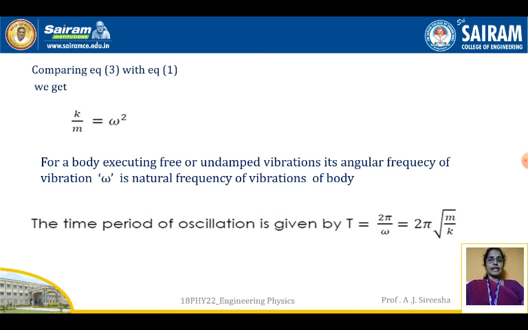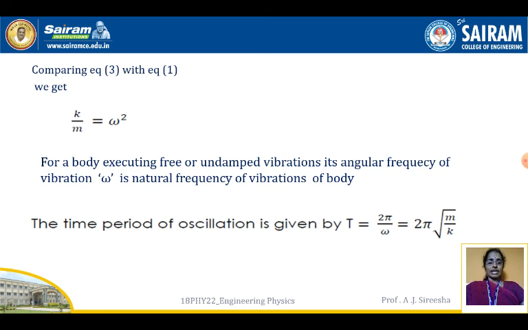Now here k is the spring constant or the force constant, m is the mass. The relation between the natural frequency and the force constant is given by omega square is equal to k by m. The time period of oscillation is given by t is equal to 2 pi by omega, since we have the relation omega is equal to 2 pi f and 1 by f can be taken as t.